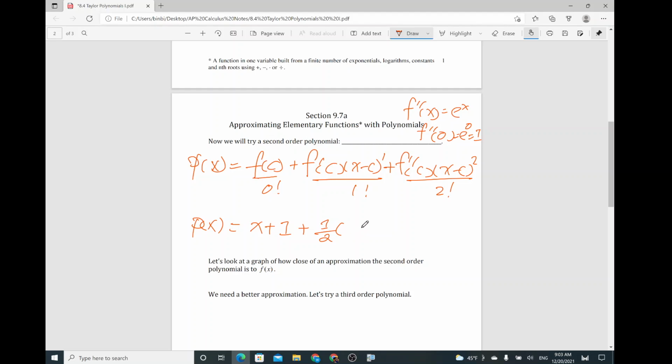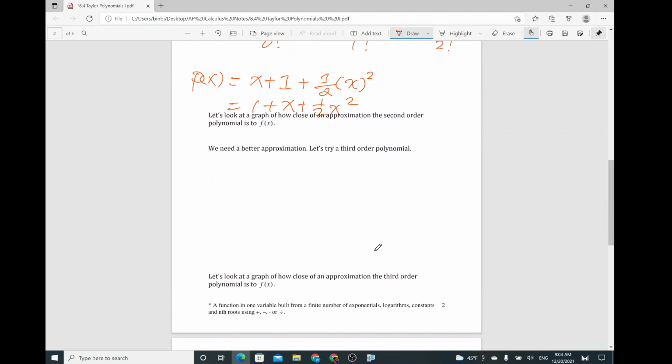And then x minus 0, so it's x quantity to the power of 2. So 1/2 x squared. You can rearrange the order from least to greatest, so it's 1 plus x plus 1/2 x squared.